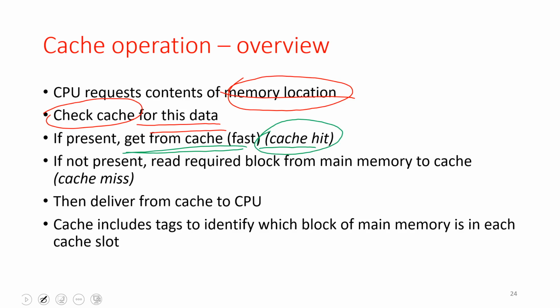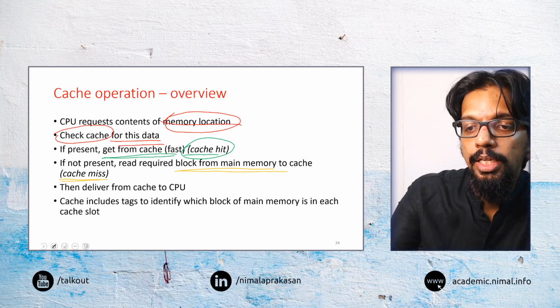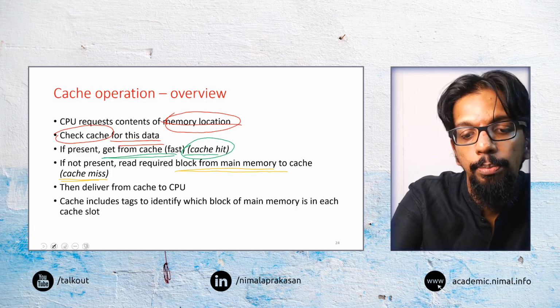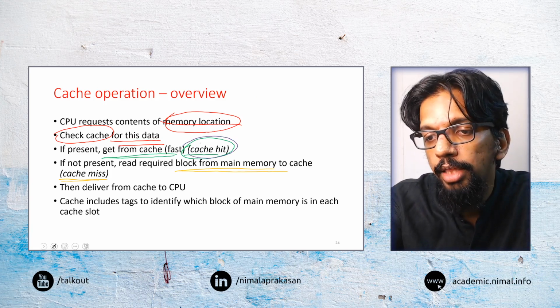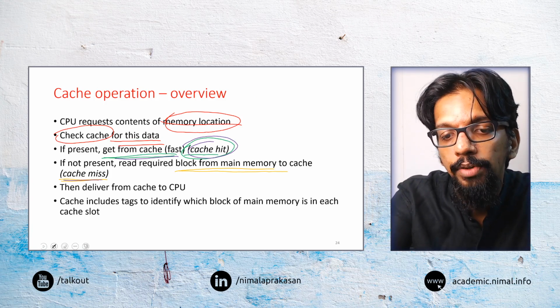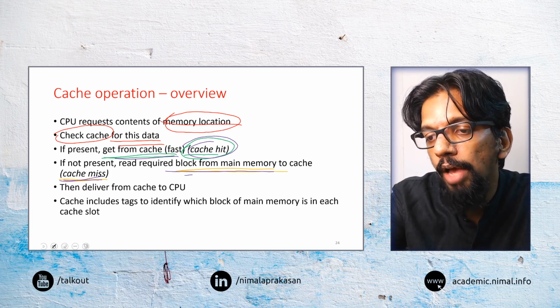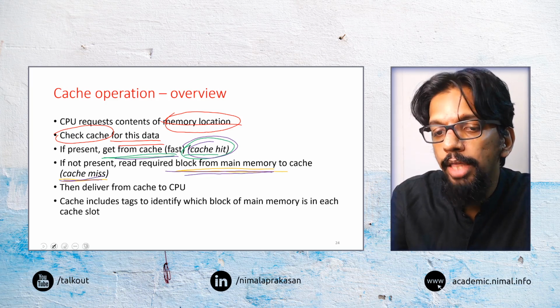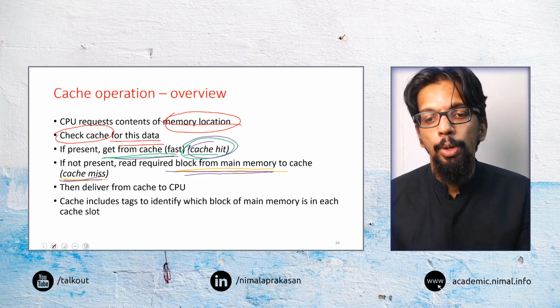But if the data is not available in the cache, then that is a cache miss, and then it has to be read from the main memory. So that is the main difference here. If it is a cache hit, we will be able to read that from the cache itself in a much faster manner. If it is a cache miss, we will have to read it from the main memory, and that will be much slower.